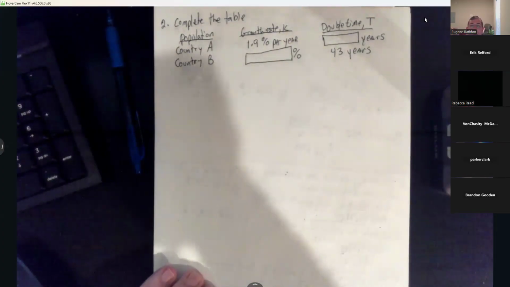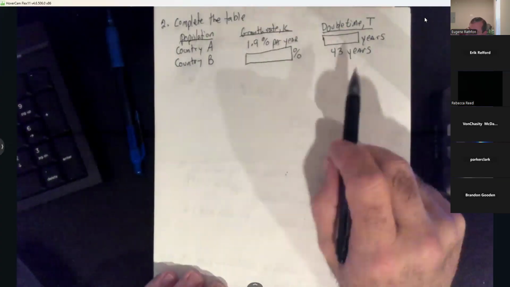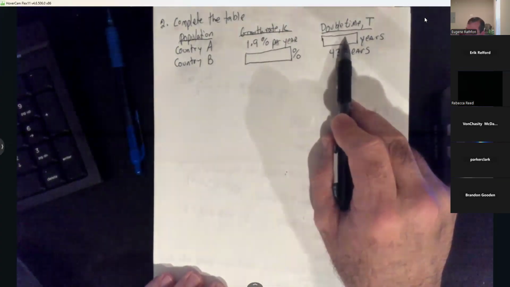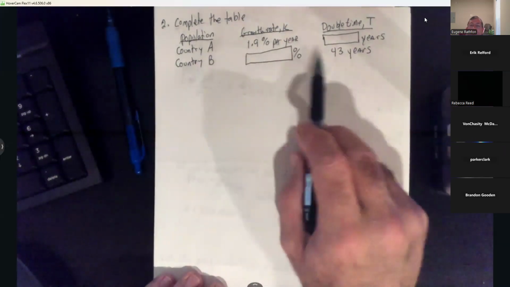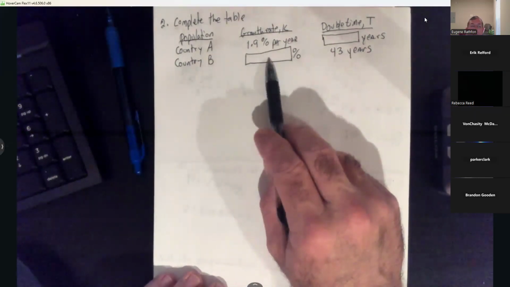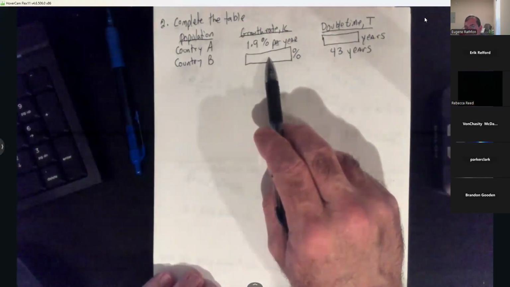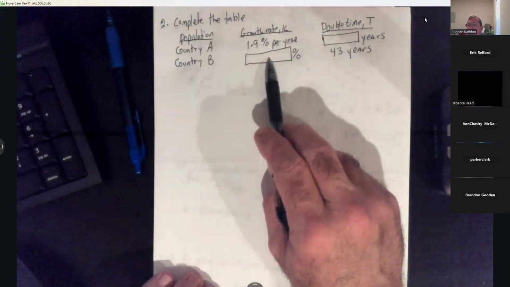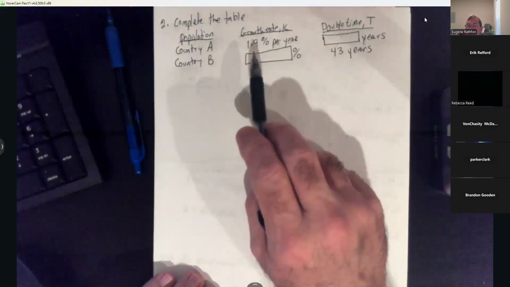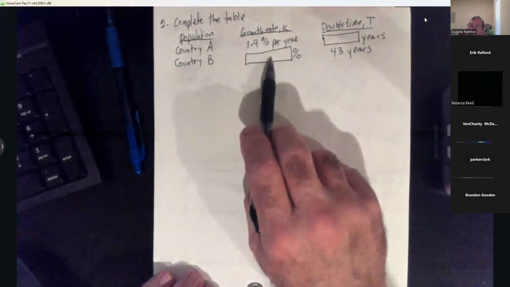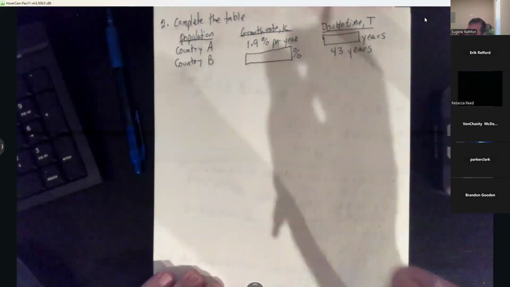Now, the double time formula I can use to find the double time for country A. And then when we find our K, you'll see that the formula for K, when you got double time, is just swap the T and the K and solve it for the K, okay?